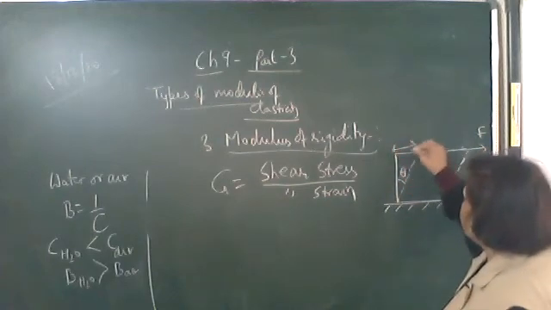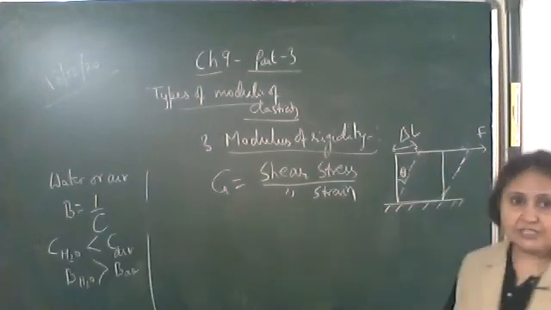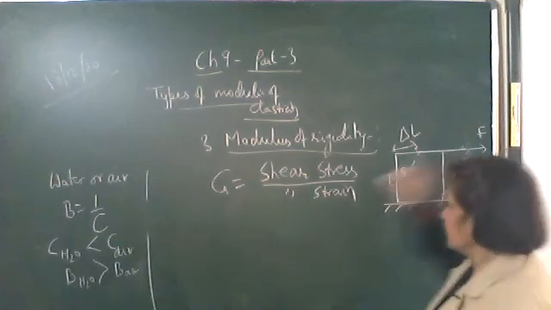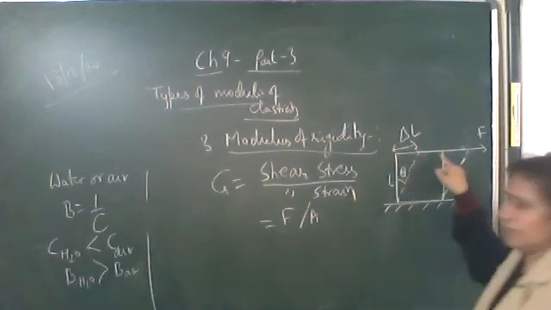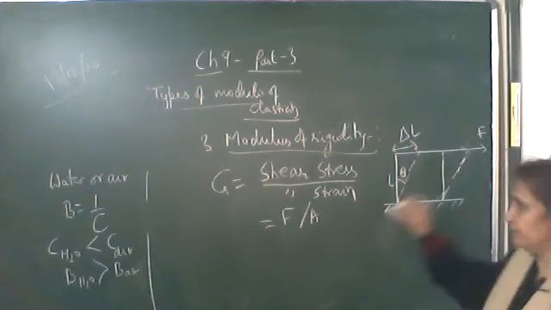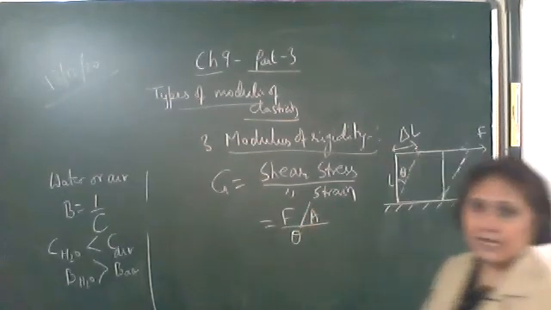Let us consider that this side shifts through a distance delta L. Now we know that shear stress is this tangential force upon the area of the upper face, because this force is applied on the upper face. And what is the shear strain, which is measured by angle theta?